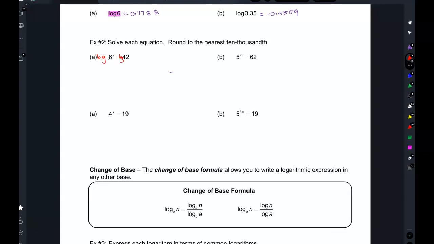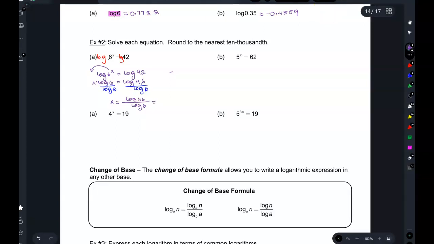I take the logarithm of both sides. So I get log 6 to the x is equal to log 42. And now, like we learned previously, this x comes down. Okay, now this is x times log 6, so I need to divide by log 6. What I end up with is x equals log of 42 over log of 6.